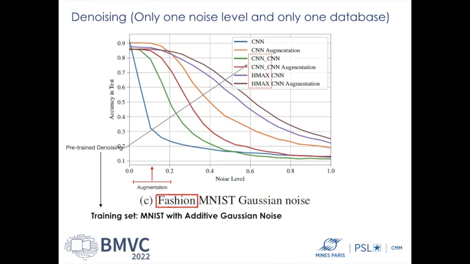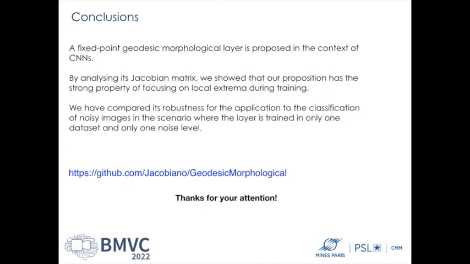In most of the scenarios, the models using morphological reconstruction as the denoiser perform better than the baseline models. To conclude, we propose and study the use of morphological reconstruction as a layer in the context of CNN. For more details and more experiments, I invite you to see the article and the code available online.